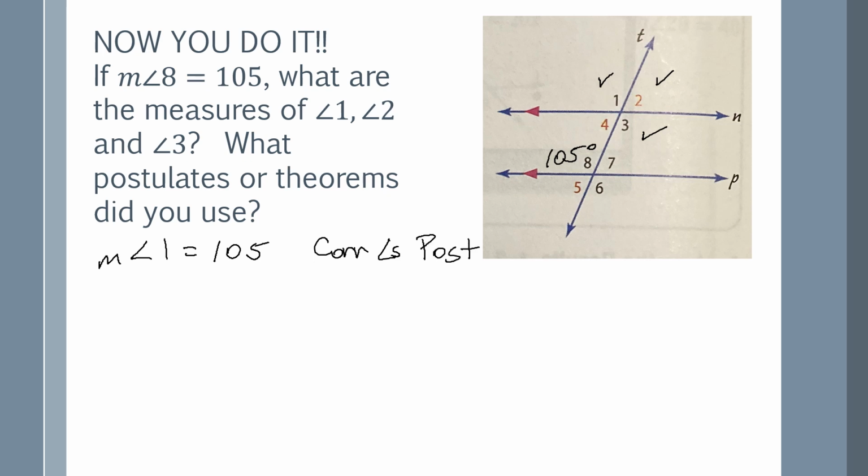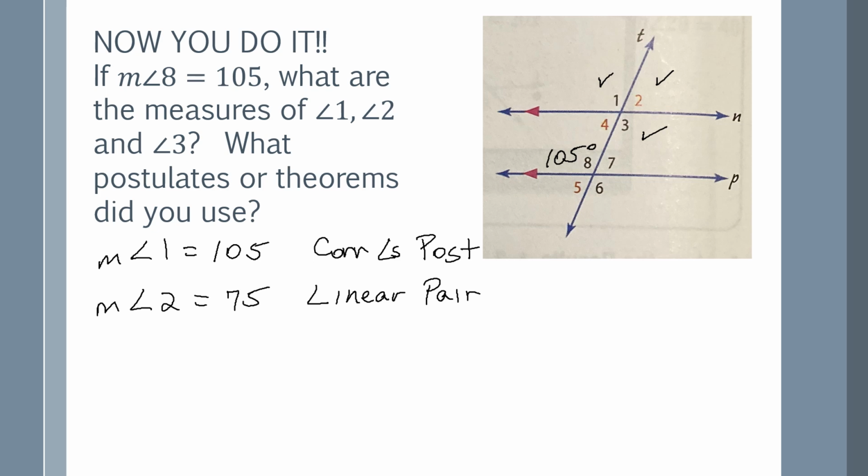Well, angle 1 and angle 2 are supplemental. So it means they have to add up to 180. So 180 minus 105 is 75. So measure of angle 2 is going to be 75, and that's by the definition of a linear pair, or we could just say it's because they're a linear pair.